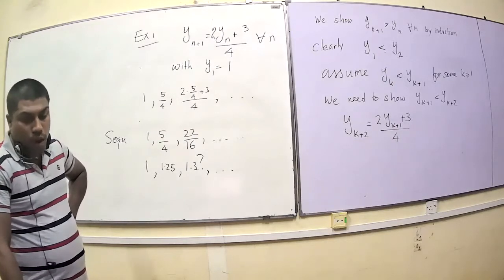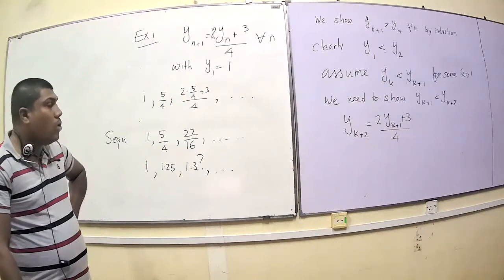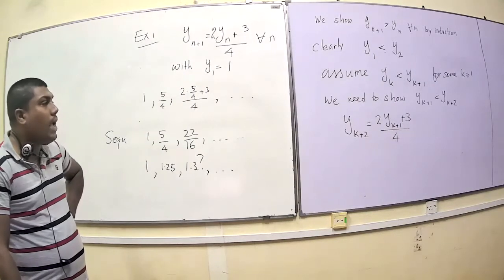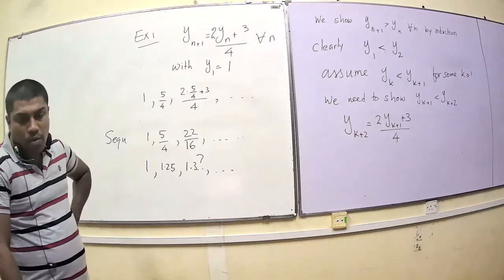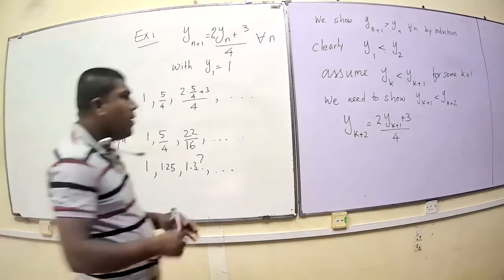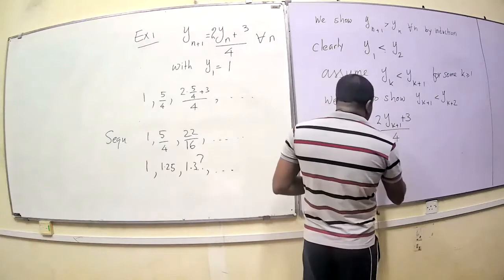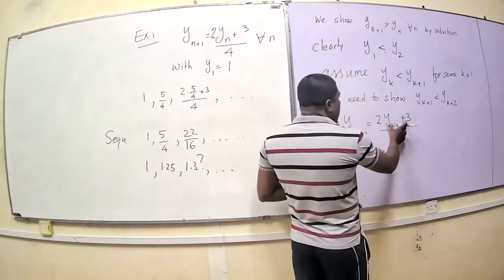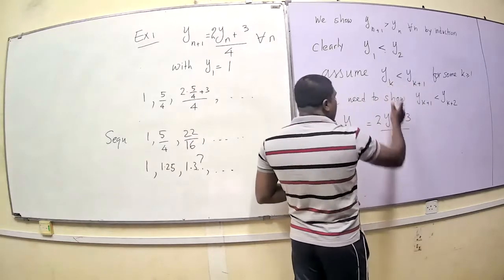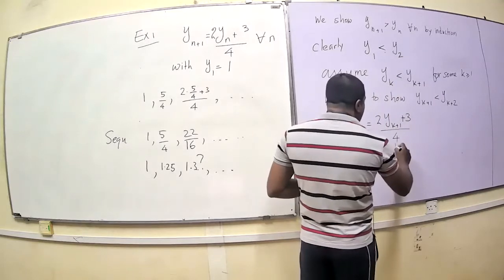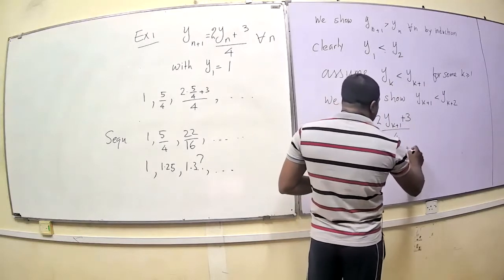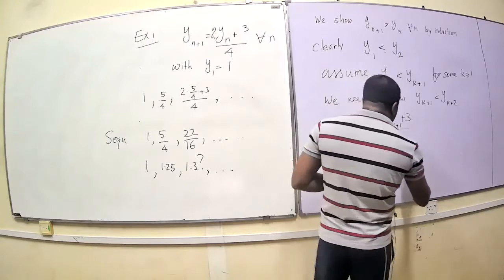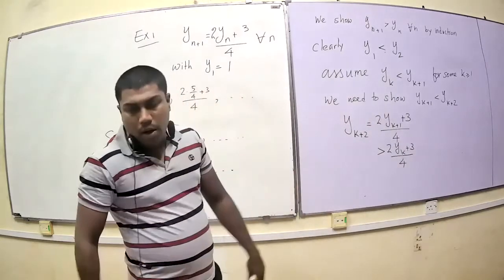So that is what you have. But you want to show this one is greater than yk plus 1. So what you are going to do is, you know that because yk plus 1 is greater than yk, this is strictly greater than 2 times yk plus 3 over 4.